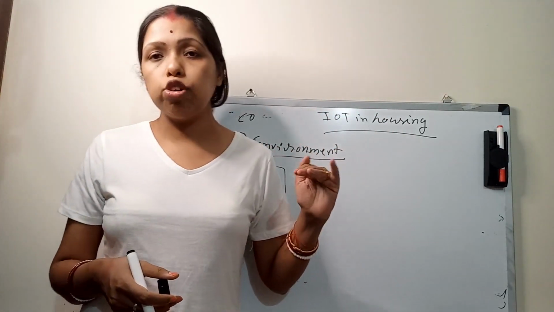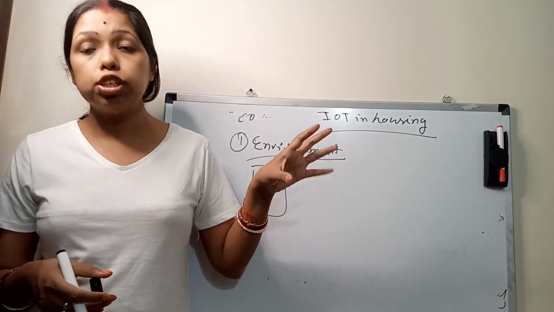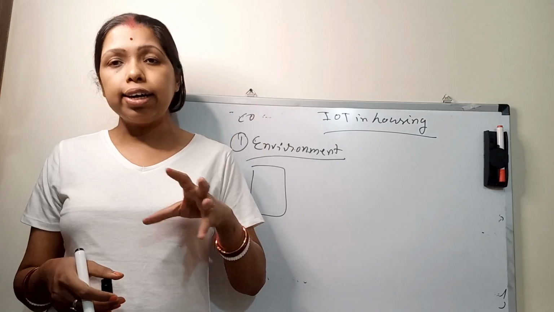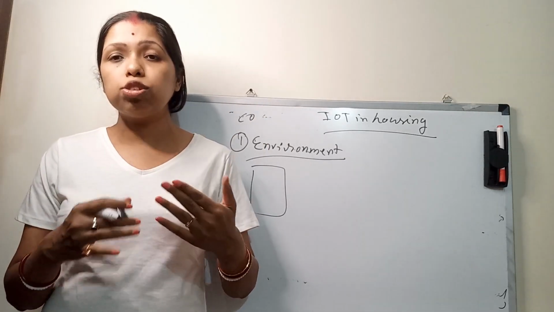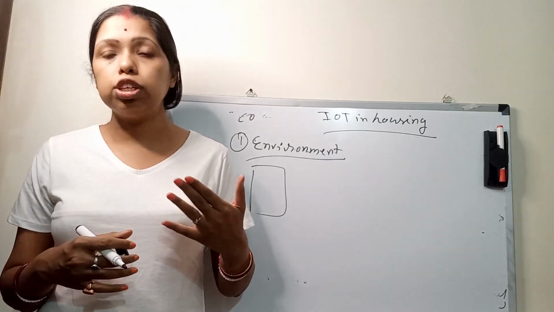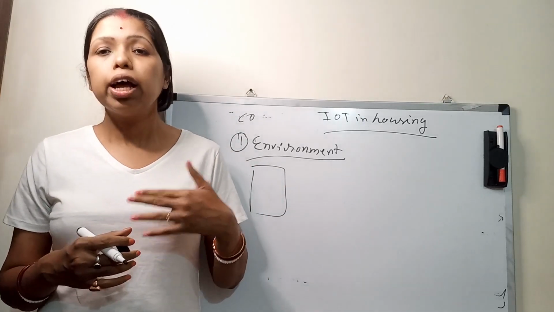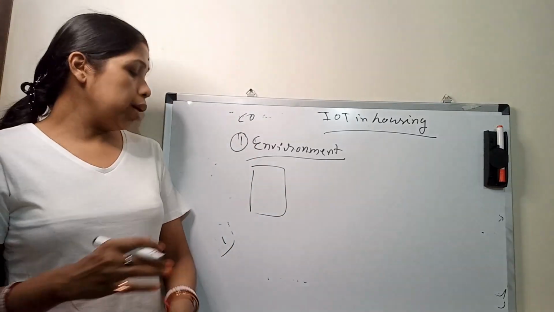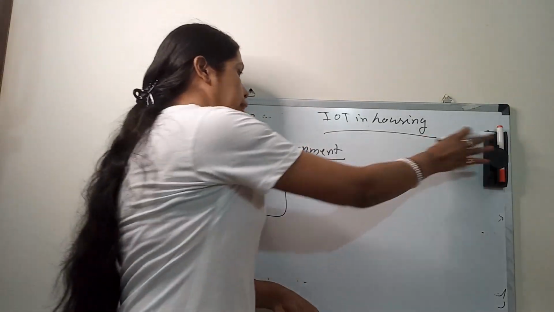For that you have to check whether the material you have used is proper or not. And at that time, what the soil condition was, what the climate condition was, this can also be checked by the environmental sensor. Okay, next we come to the quality of life.